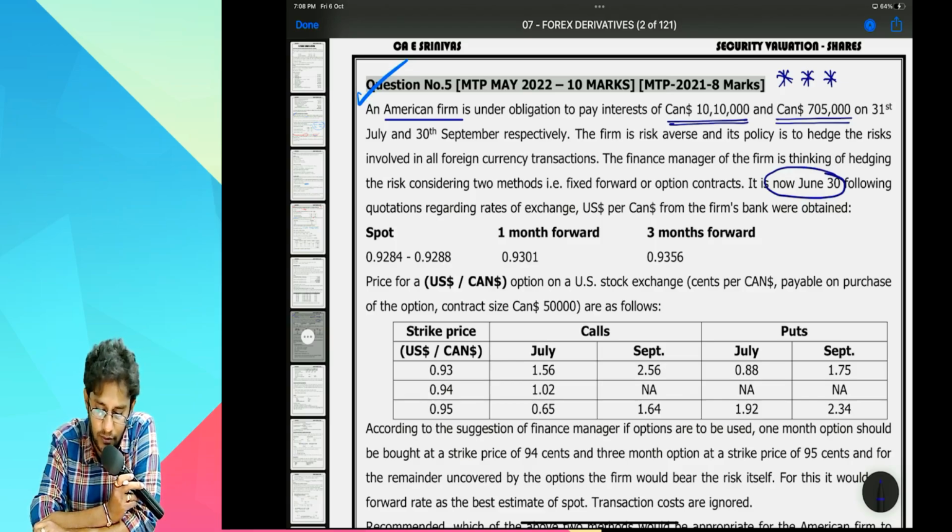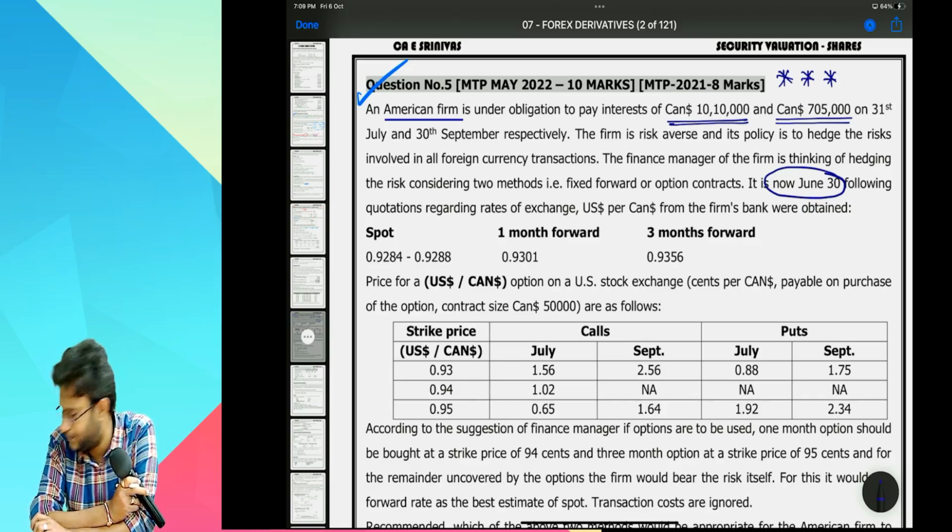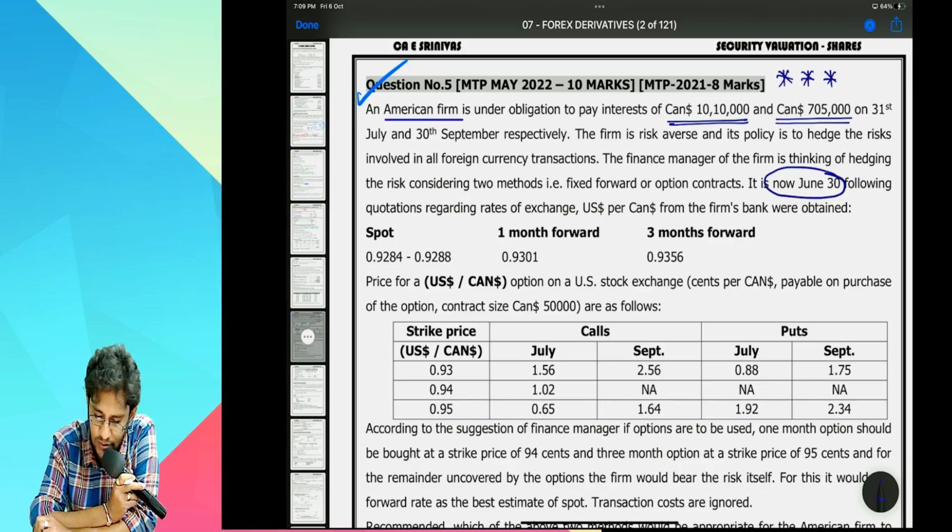The following quotations regarding exchange rates, US dollar per CAN dollar, were obtained from the firm's bank. So today's spot rate, 1 CAN dollar is equal to so many US dollars. Like that, the 3 months forward rate is also given to you. So the forward contract rate, leave it. Next, the price for a US dollar per CAN dollar option on a US stock exchange, in cents per CAN dollar, payable on purchase of the option.